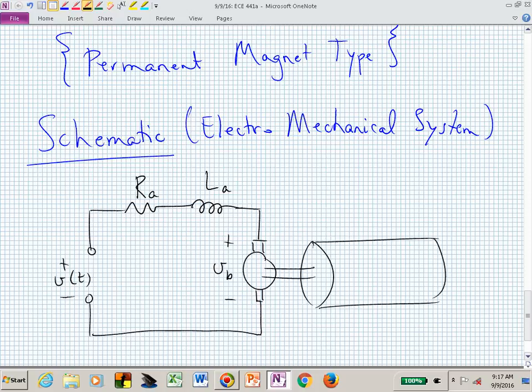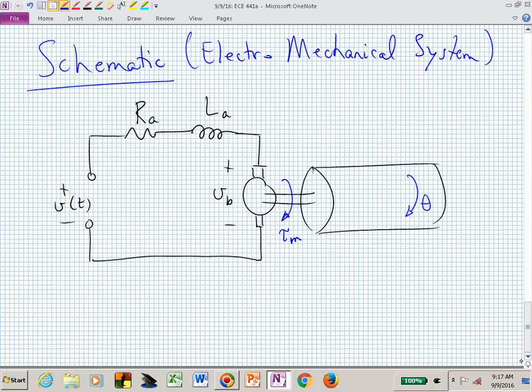There's my load, or my shaft, on my motor, and the motor shaft, maybe I'm accounting for its angle, or maybe I will at some point account for its speed, the time rate of change of that angle theta. But when we apply a voltage, that actually imposes a torque, which I will label as tau sub m, on that motor shaft, and that's enough, hopefully, to spin the motor.